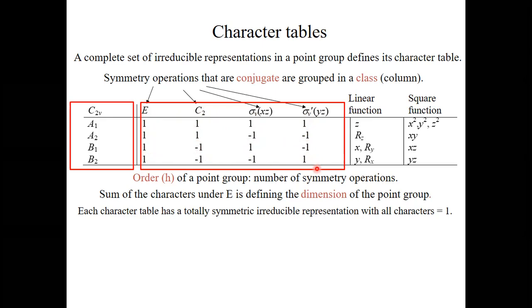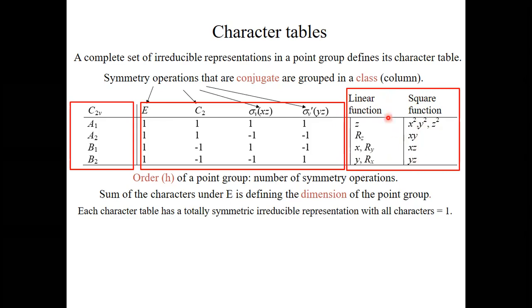Then you see further to the right, in two other columns, the different mathematical functions that belong to the different irreducible representations. One column is for linear functions, and another column is for square functions.